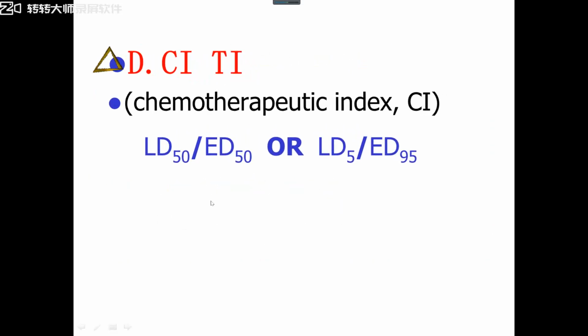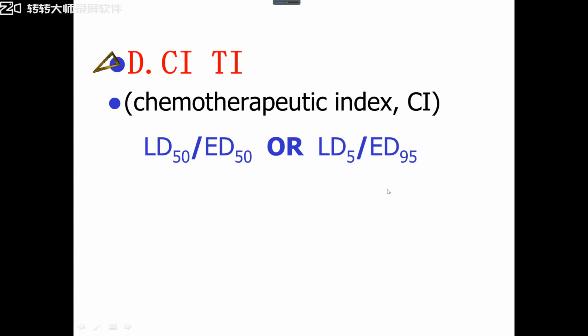The fourth definition is CI, chemotherapeutic index. In fact, you have studied this concept, TI, therapeutic index. In antibiotics, the therapeutic index is called the CI, chemotherapeutic index. That means the ratio of LD50 to ED50, or LD5 to ED95.